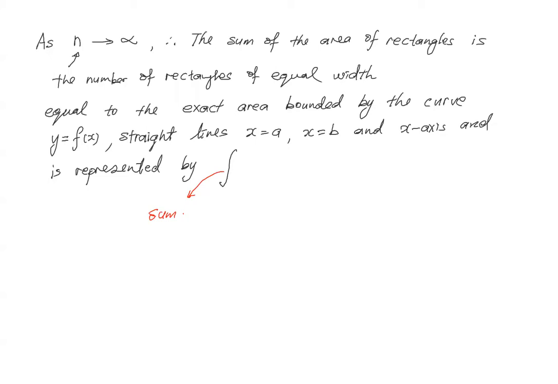And the limit. You see, in this integration, I'm going to write down all the 4 boundaries. So the first boundary is y equal to f(x). So I write down here. Straight line, x equal to a, x equal to b. It must go from left to right. Are you clear? Okay. And the x-axis is one of the boundaries, so you have the dx here.